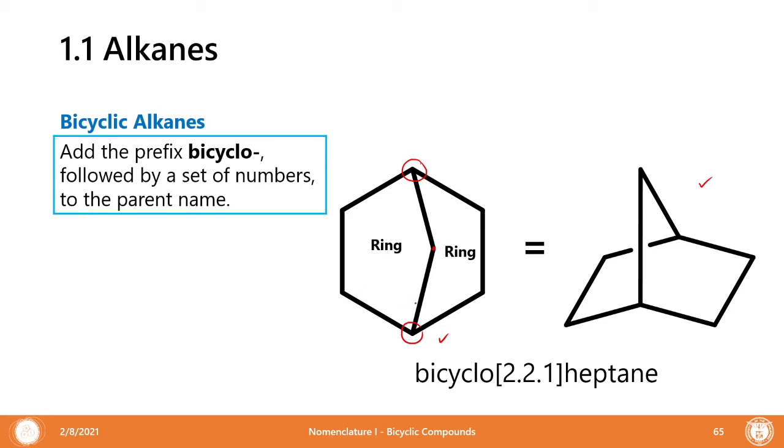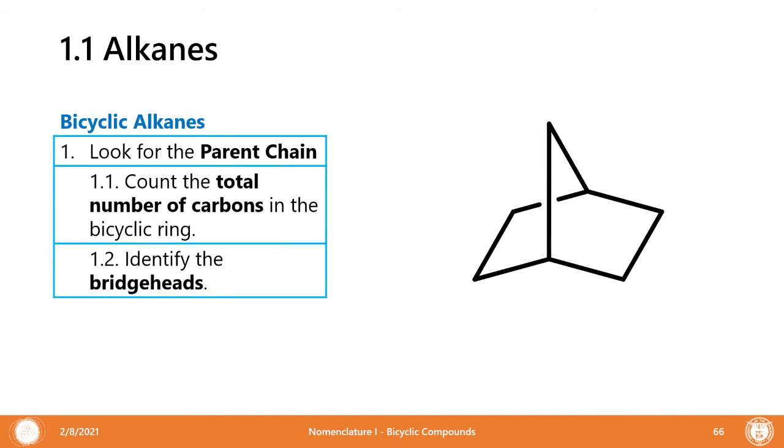Now we have this weird set of numbers. I'll explain how these work in determining the structure. What we first want to do is look for the parent chain, and this will be the bicyclic compound itself. We count the total number of carbons in the bicyclic ring system.